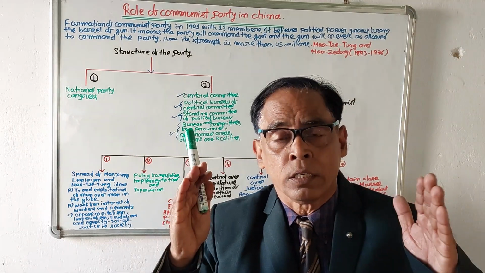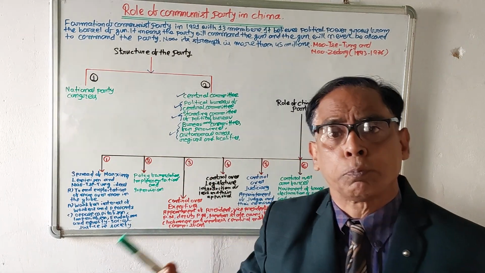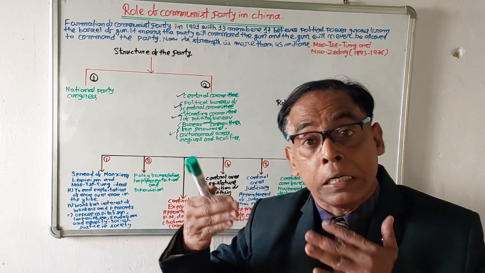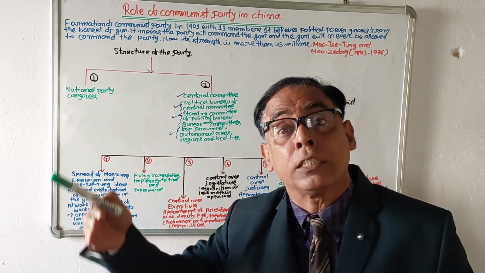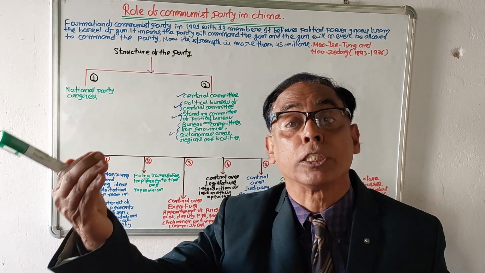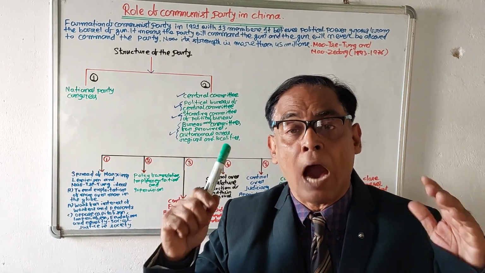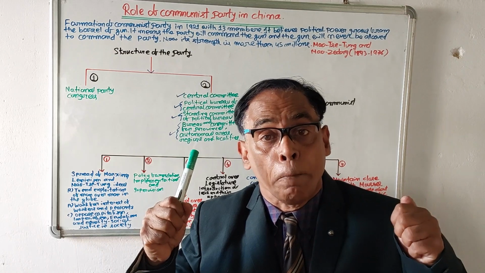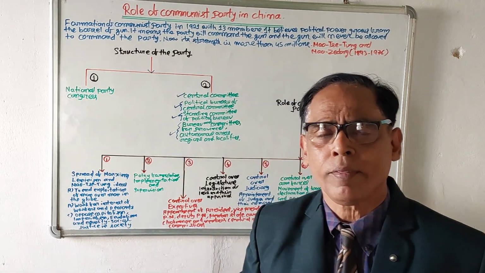It means the Chinese Communist Party is so powerful that it can give command and direction to all, but no one can give direction to the Communist Party. It shows how powerful the Communist Party of China is.